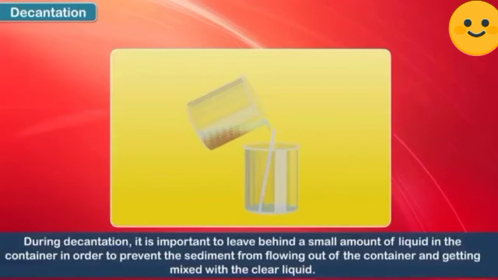During decantation, it is important to leave behind a small amount of liquid in the container in order to prevent the sediment from flowing out of the container and getting mixed with the clear liquid.